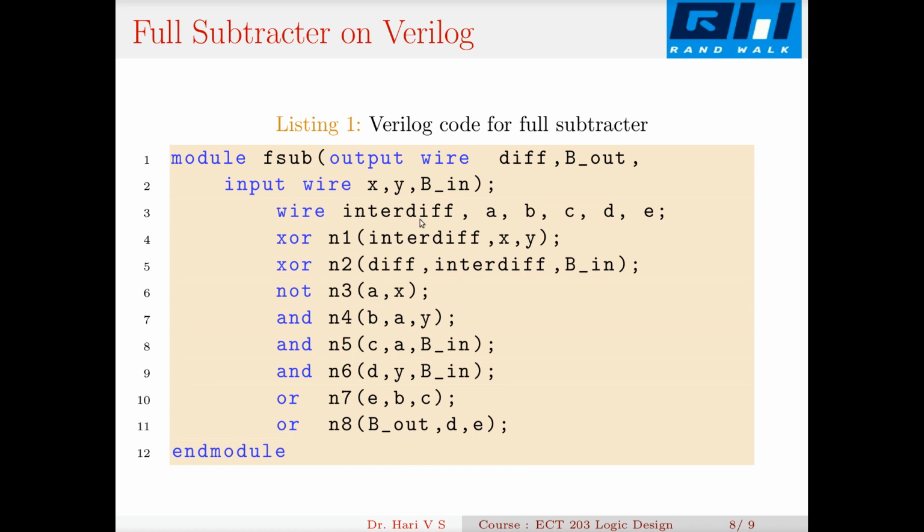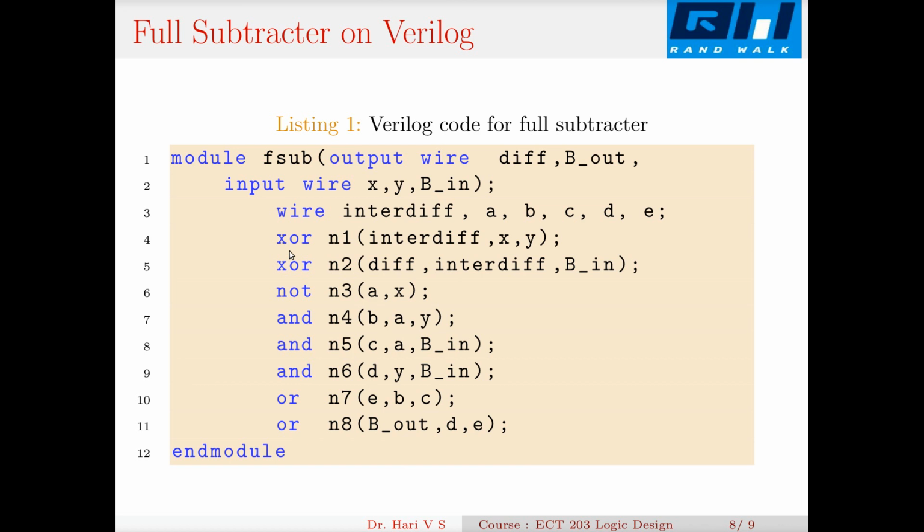Now I have some internal nets, like outputs of some gates that are to be connected to the next gate, etc. So here I define some wires, wire interdiff. This is the output of the first exclusive OR gate. Okay, so the intermediate difference, then A, B, C, D, some values I have given. So first I make the difference. First I use a 2-input gate. I realize this just like that circuit.